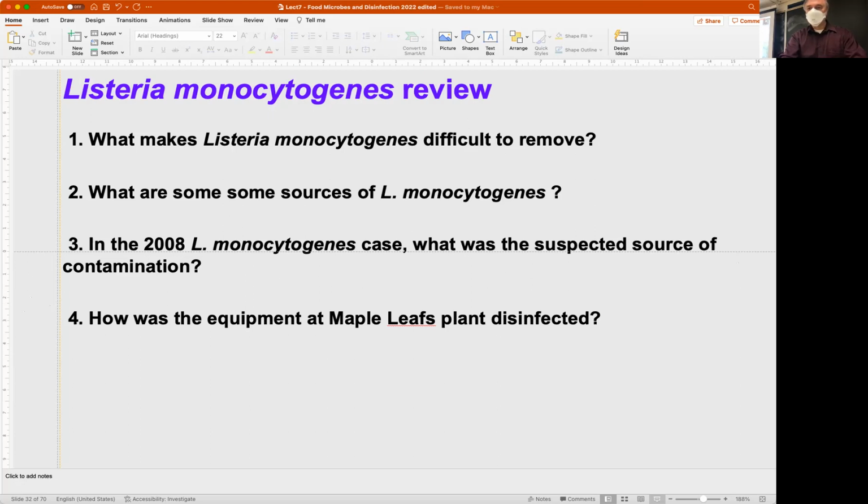It can survive salt, low temperature, and another survival condition, low heating. Yeah, it can survive up to 70 degrees. If you can get it above 70 degrees Celsius, you'll kill off this bacteria.